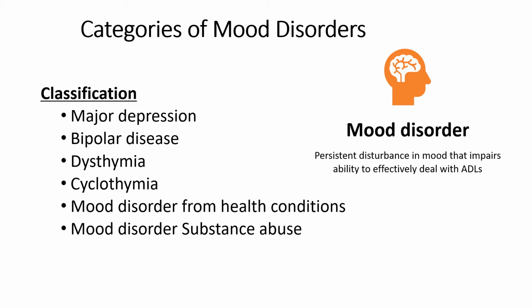Somebody who has chronic pain from severe arthritis can develop a mood disorder, typically depression, from the chronic pain. Patients that are using illicit substances can develop mood disorders from the very stimulant effects of the drug. They can present as someone who seems manic, or they can have depressive symptoms from certain illicit drugs.